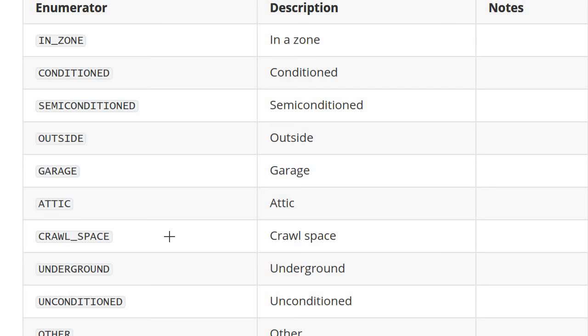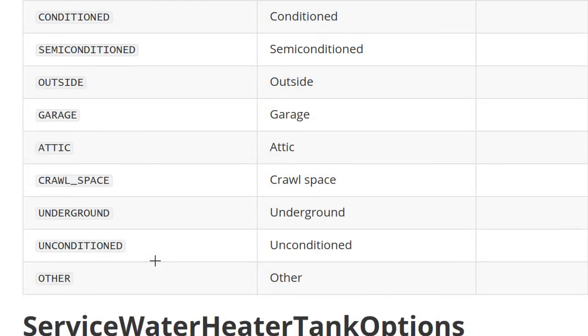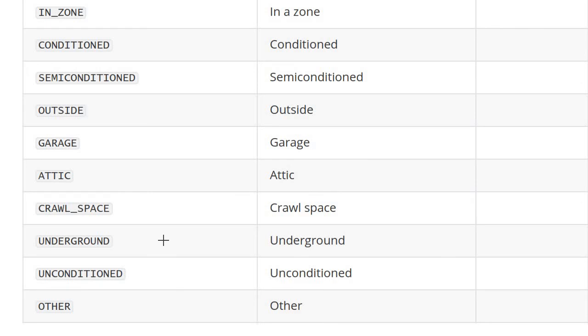So this would be setting the conditions of the heat transfer through the pipe. So conditioned, semi-conditioned, outside, garage, attic, crawl space, underground, or unconditioned or other. So those are all different options, and they would have different sets of temperature conditions on the other side.